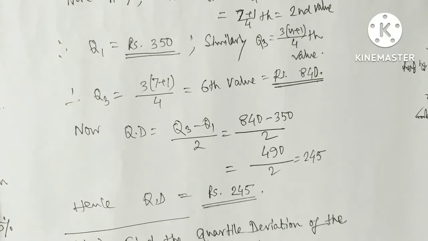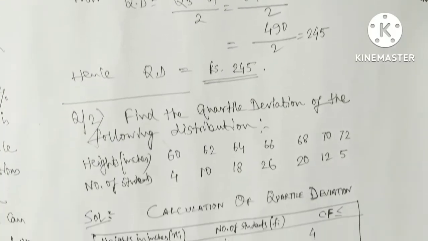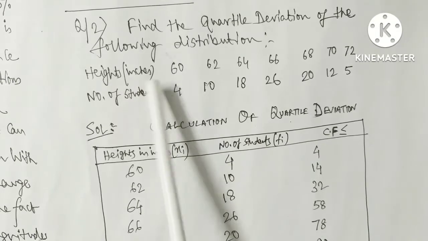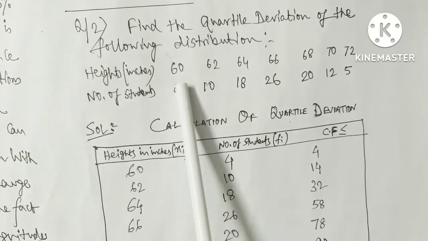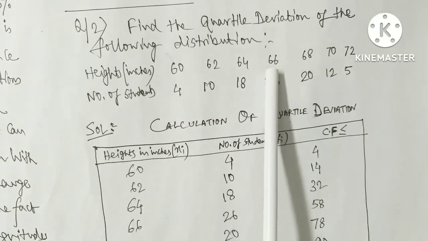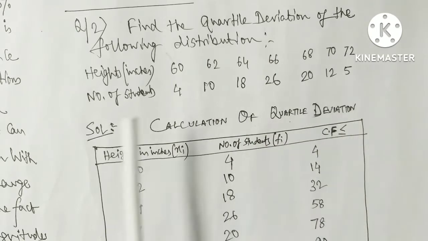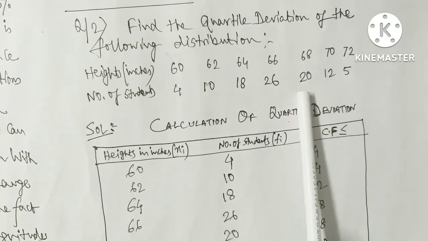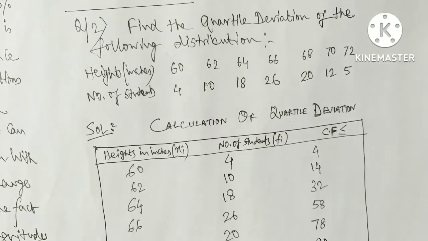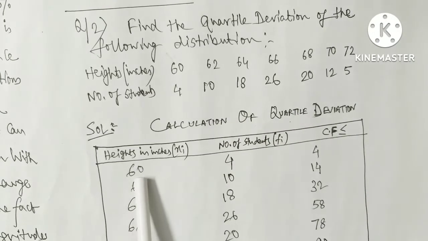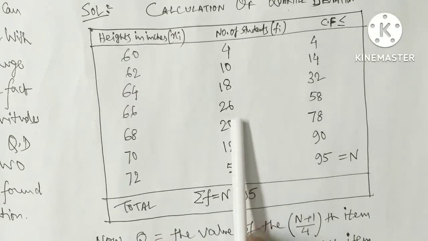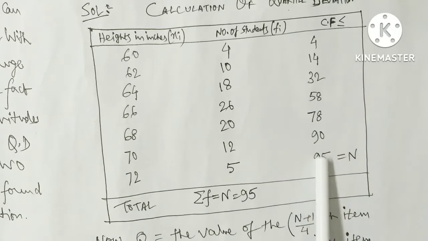Now we go for the second problem, which is related to a discrete distribution. Here heights are given: 60, 62, 64, 66, 68, 70, 72, and number of students 4, 10, 18, 26, 20, 12, 5. We place the heights and frequencies here, and the cumulative frequency is there.